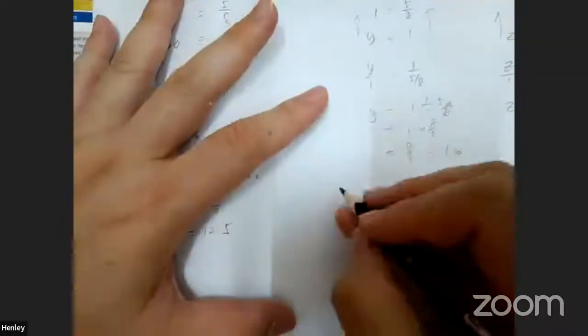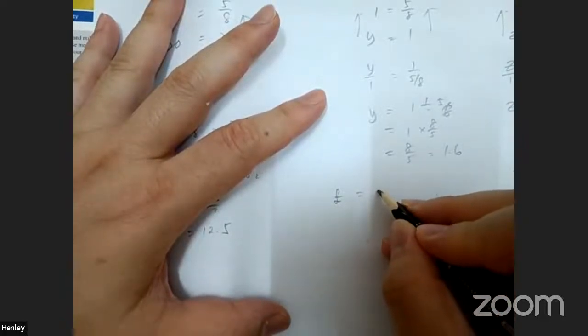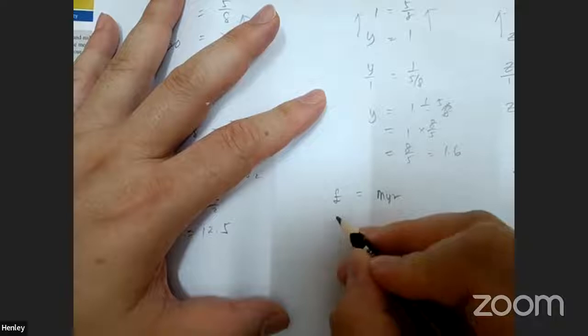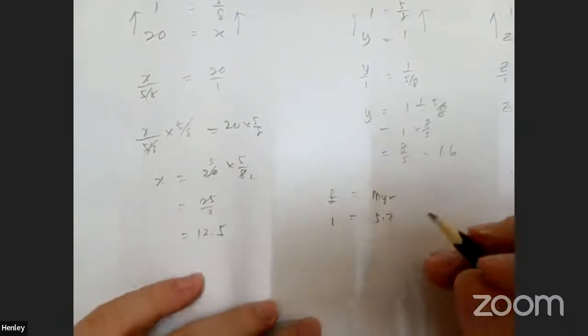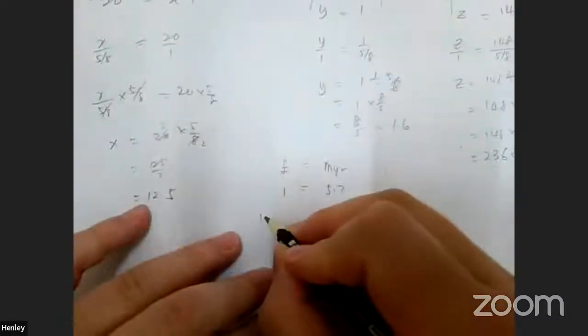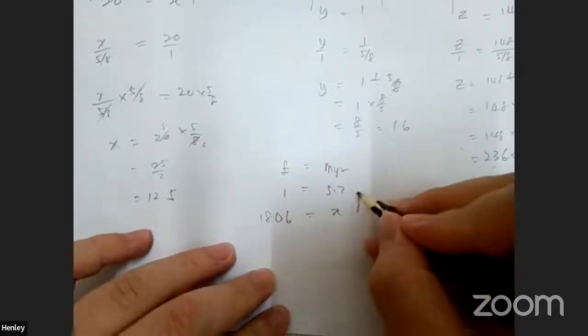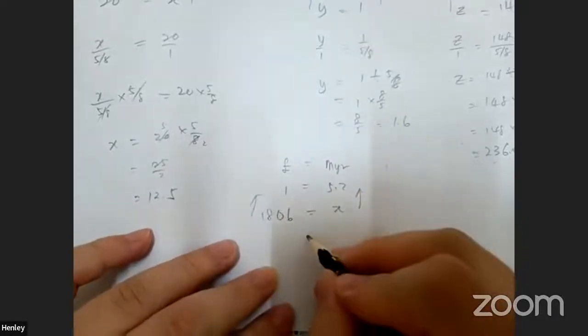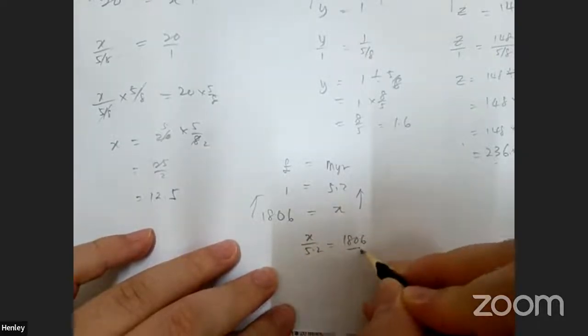So it means that 148 miles is equal to 236.8 km. Okay. This proportion method also can be used when you do the money exchange. Well, this is a pound, and this is maybe Malaysian ringgit. Okay, 1 pound equal to 5.2, for example. So how much you need to pay if you want to buy something in UK for 1806 pounds? So this is an X. You need to draw an arrow. Okay, so it's X divided by 5.2 equal to 1806 by 1.